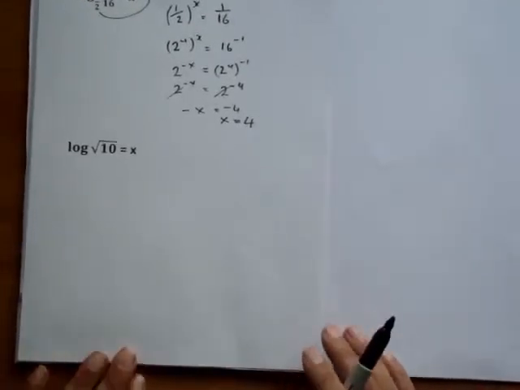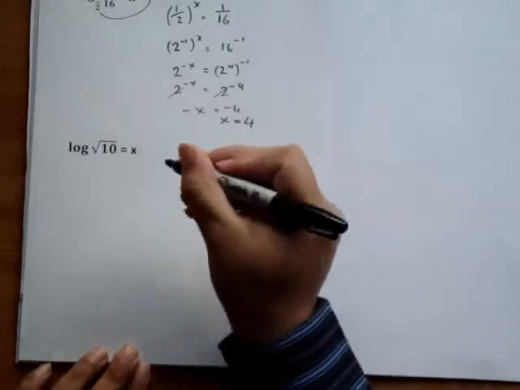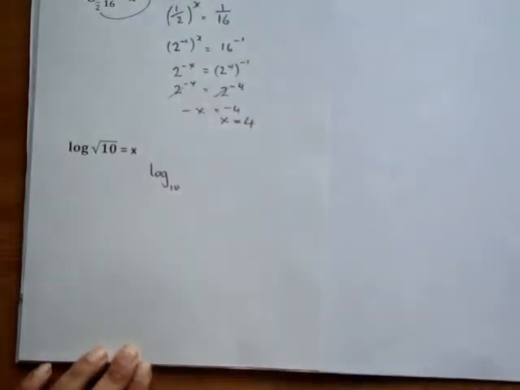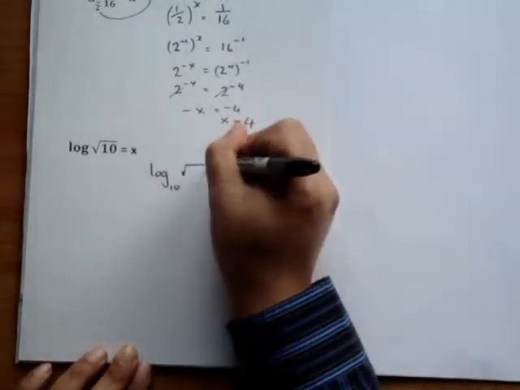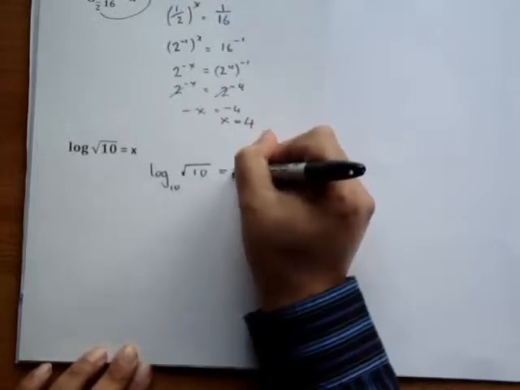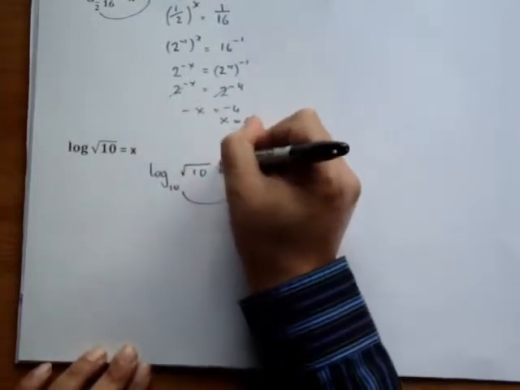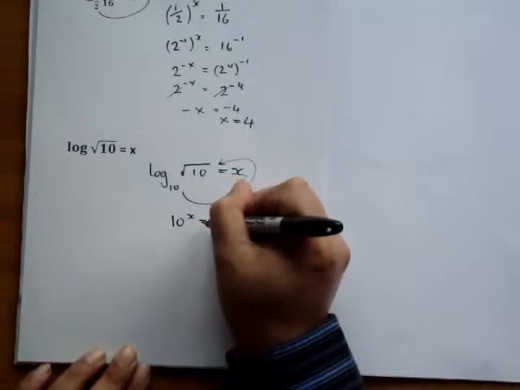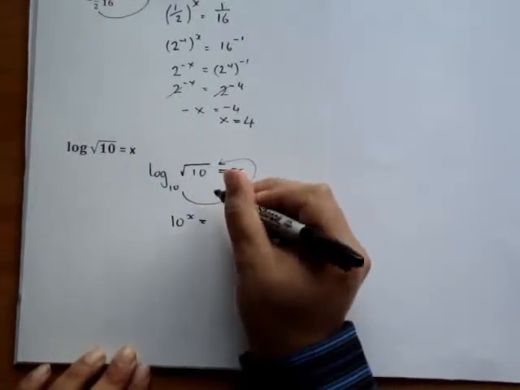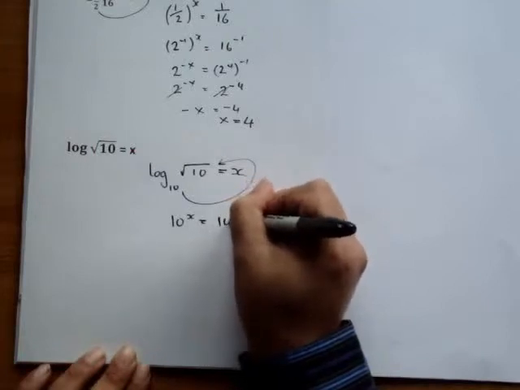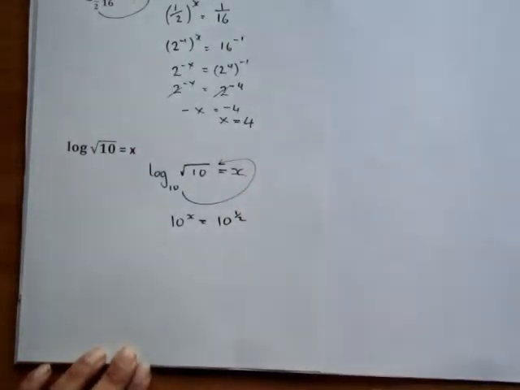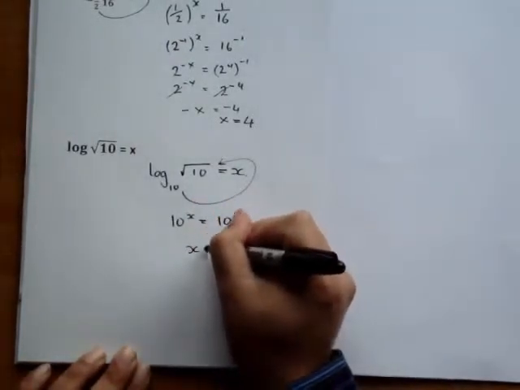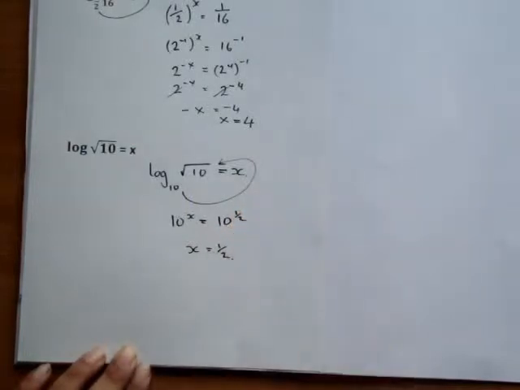This next question, we talked about log. When it's log by itself, we take it to be base 10. So this is log base 10 of the square root of 10 equals x. Do our scorpion. So 10 to the power of x equals the square root of 10, which is 10 to the half, when we remember our laws of indices. Here we have the bases the same, so x equals a half.